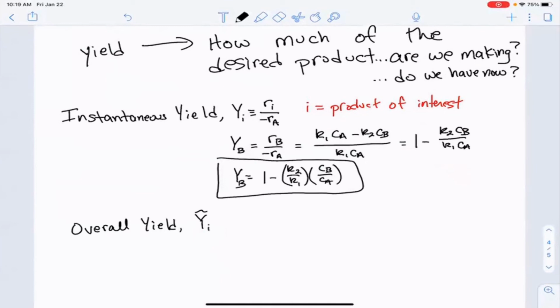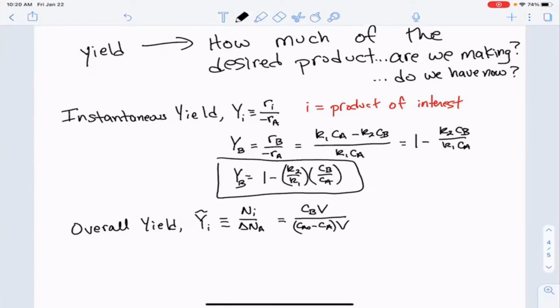the capital Y. And that is defined as the number of moles that you have in the reactor of the desired product over the change in the number of moles of A. And so we have a constant volume batch reactor, and the number of moles in the reactor at any given time is the concentration of B at that time times the volume of the reactor, divided by the change in the number of moles of A. And of course, the change in the number of moles is just the initial concentration minus the concentration right now, also times the volume.